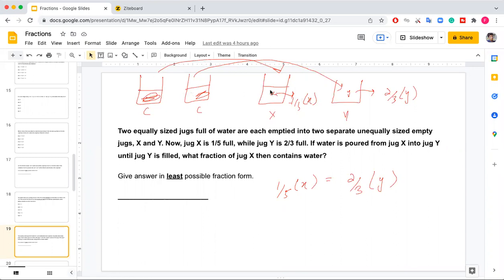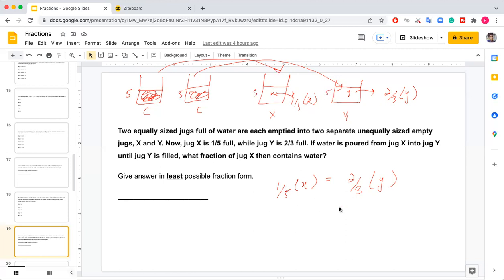The water emptied into tank X is the same as the water from the other jug emptied into tank Y, because the jugs are equal. So if you pour this into this, it will also be equal to this. For example, if this is 5 liters, this is 5 liters, then after emptying this will also be 5 liters, this will also be 5 liters, right? That's why this is equal.